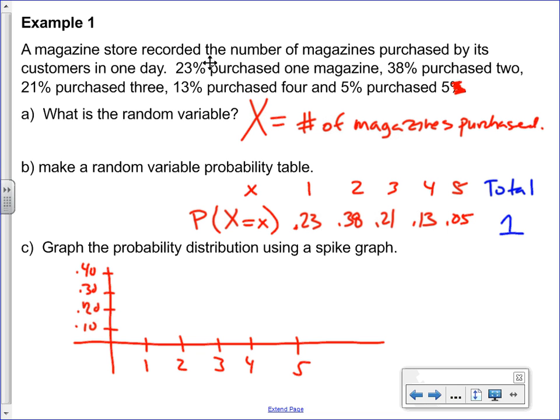A spike graph would just be the graph of each value: 0.23, 0.38, 0.21, 0.13, and then 0.05.